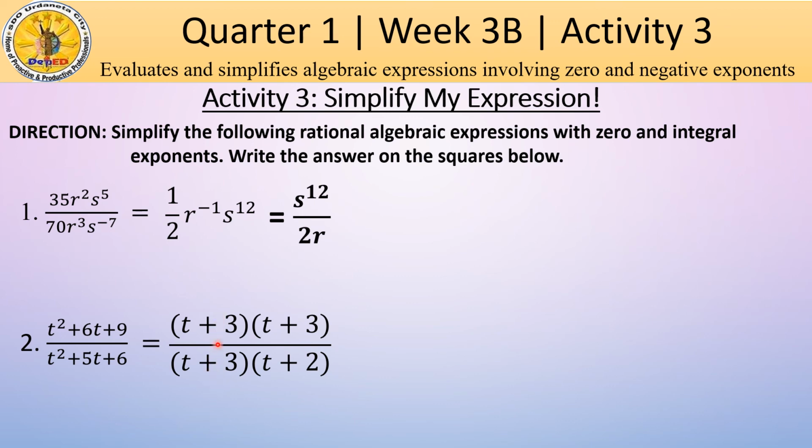So you can cancel them. So t plus 3 sa denominator, numerator I should say, at saka sa denominator. And then our final answer, if you are going to cancel that, is t plus 3 over t plus 2.